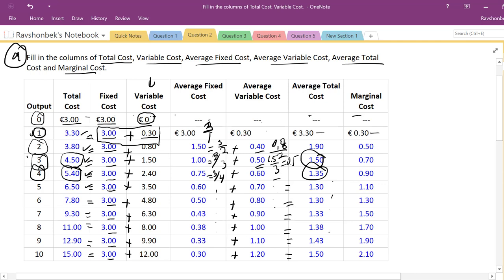Now marginal cost is the change in total cost over the change in quantity, delta total cost over delta quantity. In this case the marginal cost 0.30 comes from the change in total cost when we produce the first unit.